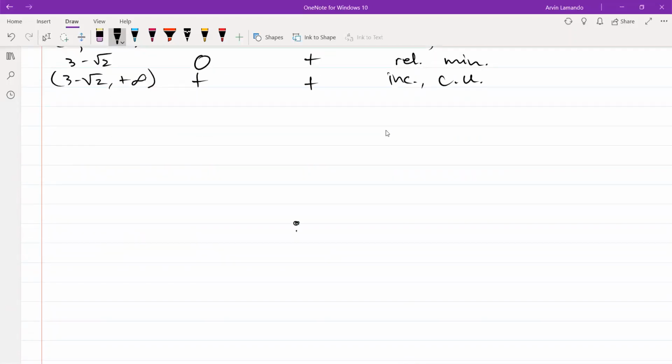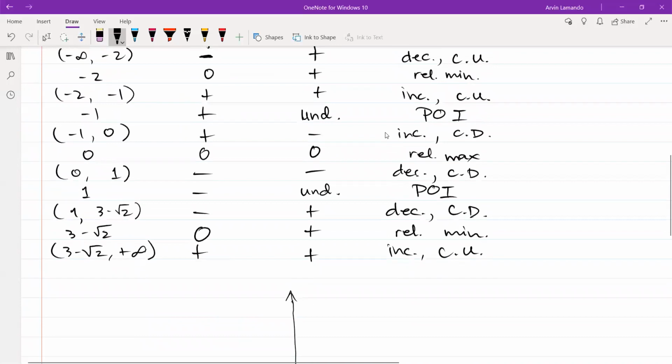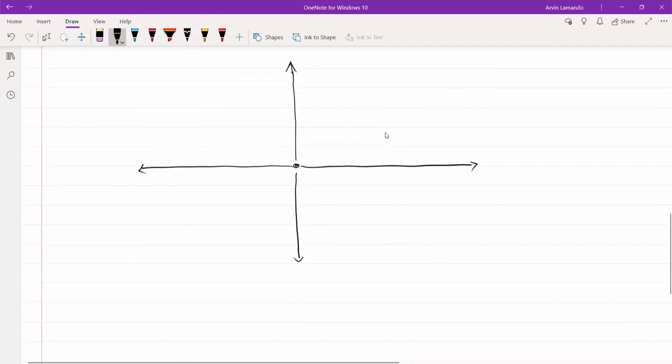This is your origin. So negative 1, negative 2, 1, 2.